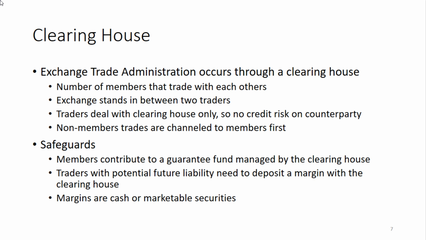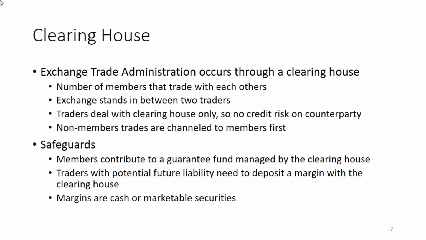That will be managed by the clearinghouse. It's there as a safety net in case something really goes wrong and there would be a loss to the clearinghouse, and the clearinghouse could use that fund as an insurance, basically, to cover its losses.